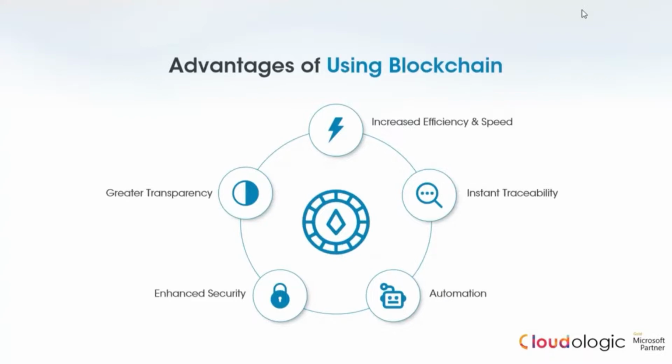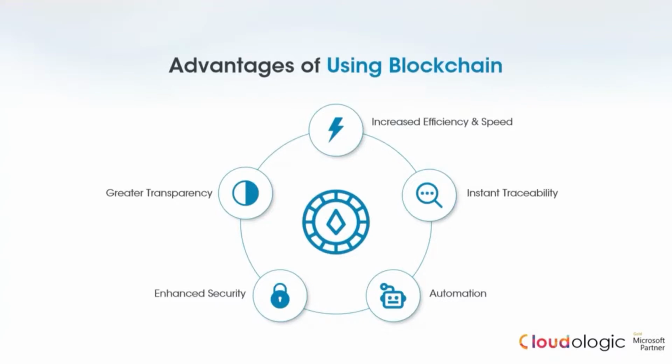Then comes instant traceability. Blockchain creates an audit trail that documents the provenance of an asset at every step on its journey. In an industry troubled by counterfeiting and fraud, this helps provide the proof. With blockchain, it's possible to share data about provenance directly with customers. Then comes increased efficiency and speed.